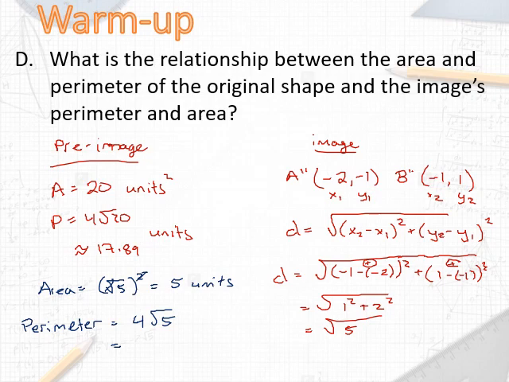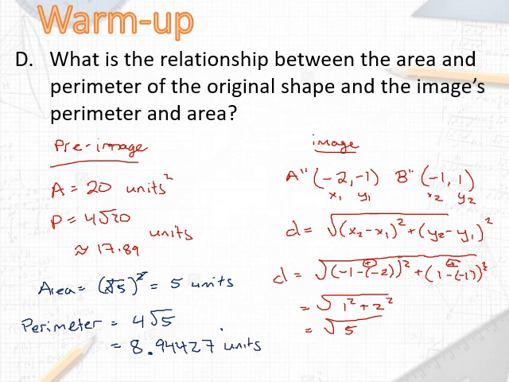And if we type that in, 4 times square root of 5, we get 8.94427. Okay, units.